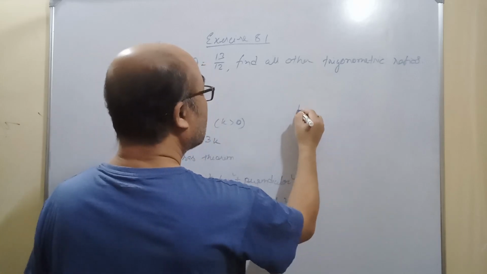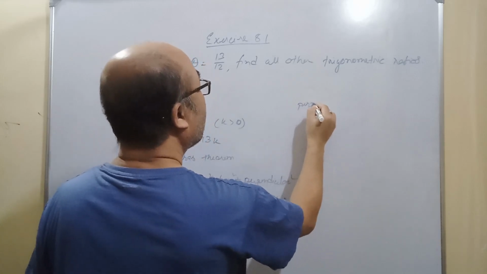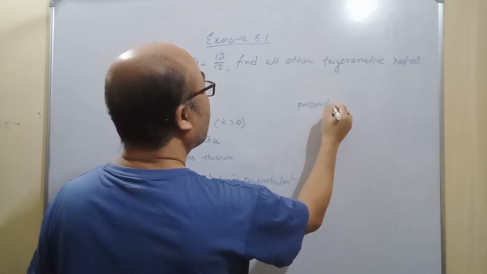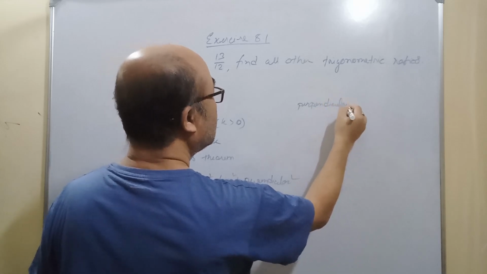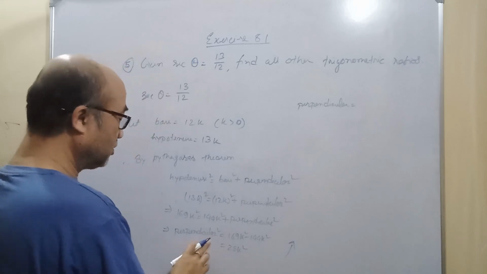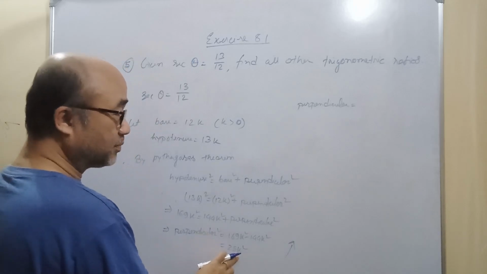So perpendicular square is equal to 25k square.